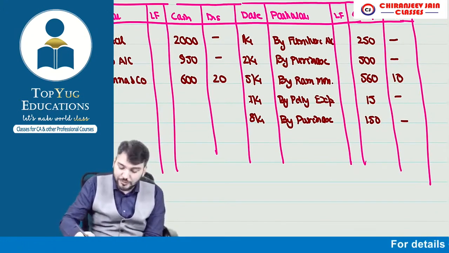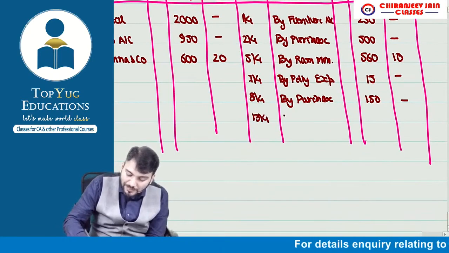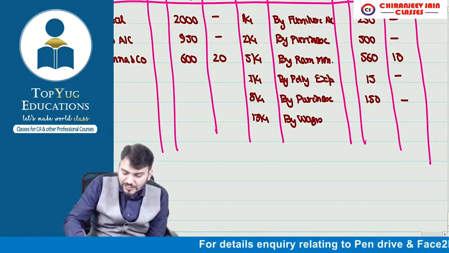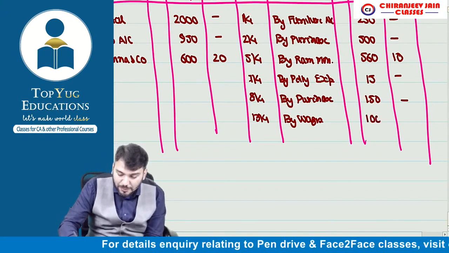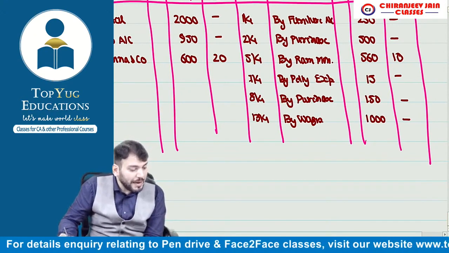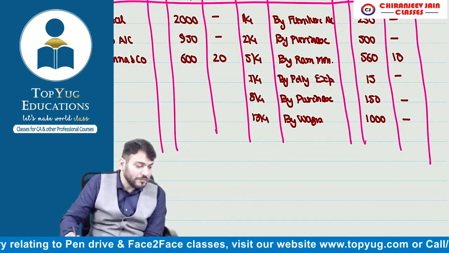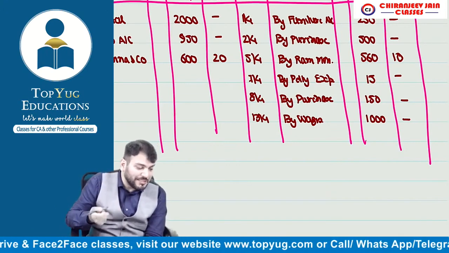Correct. Then paid for labor, which means wages. So on 13th April we write by wages. Labor means we are doing wages expenses. 1000 has been paid to labor. Yes sir. Then paid Ali and Sons 400 and they allowed discount. They allowed discount means we have received discount.